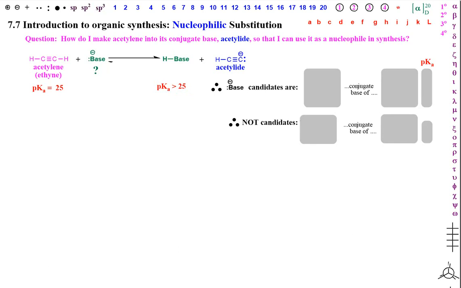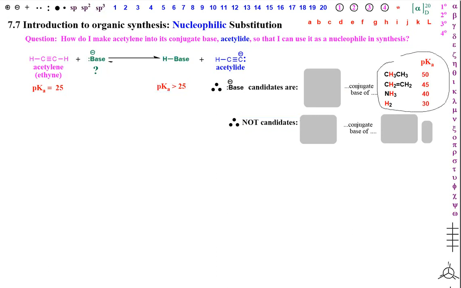We have some candidates of bases that can do this. But before we do that, we have to remind ourselves that the conjugate acids of these bases, these are the ones I picked because they all have a pKa above 25. So these are the acids.